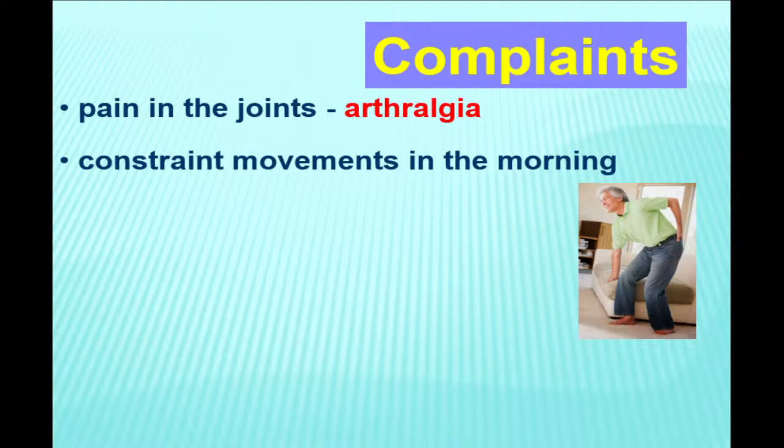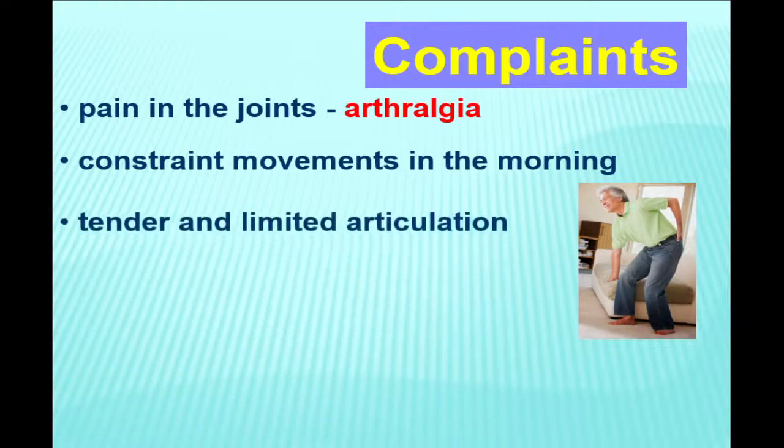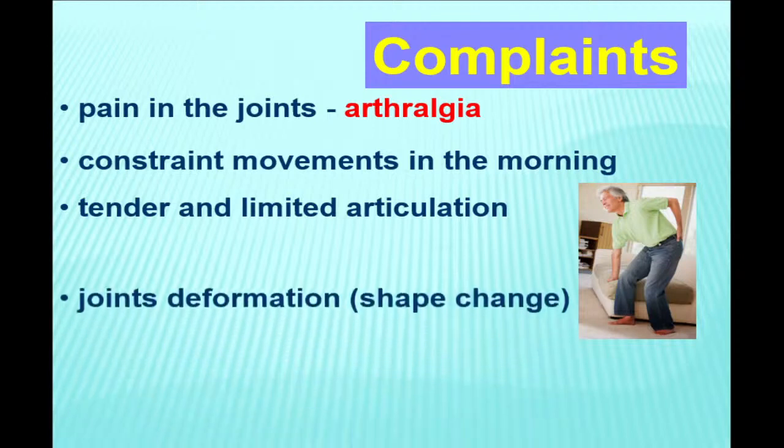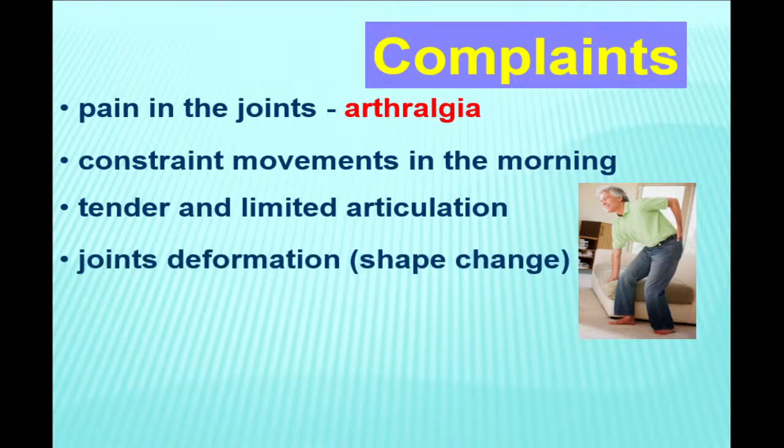If this problem appears in the morning, a doctor obligatory must pay attention on this characteristic because it is specific for rheumatoid arthritis. Patient feels tender and limited articulation in affected joints. He can see change in its shape. Patients say about deformation, but later we'll see changing of shape of joints, not obligatory deformation. It may be other origin.